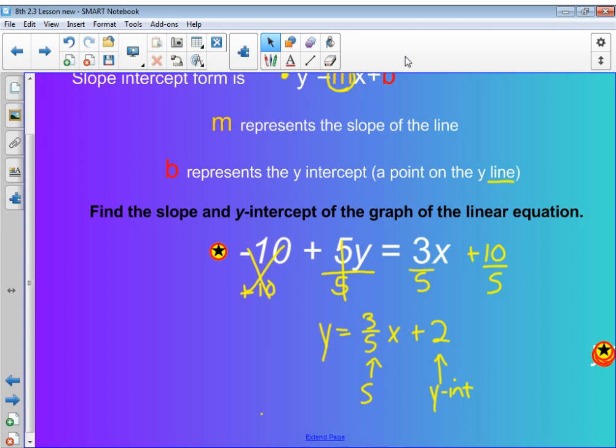Okay, so here you would have ended up with your slope being 3/5 x and your y-intercept being positive 2. That's it for the first part of the lesson.